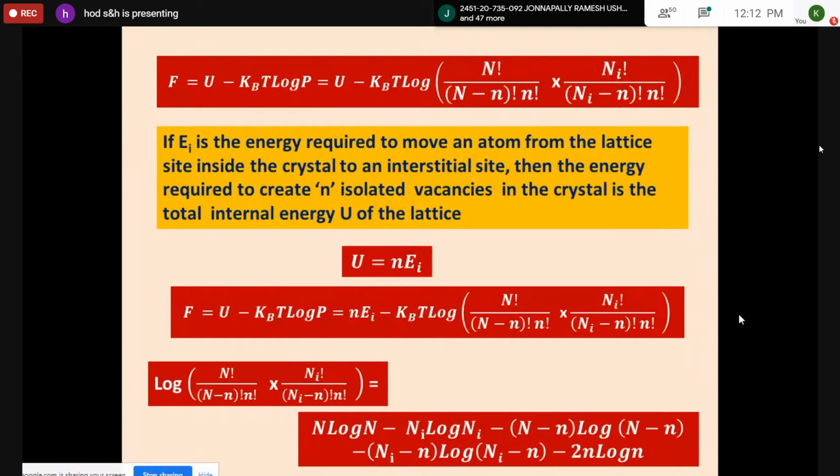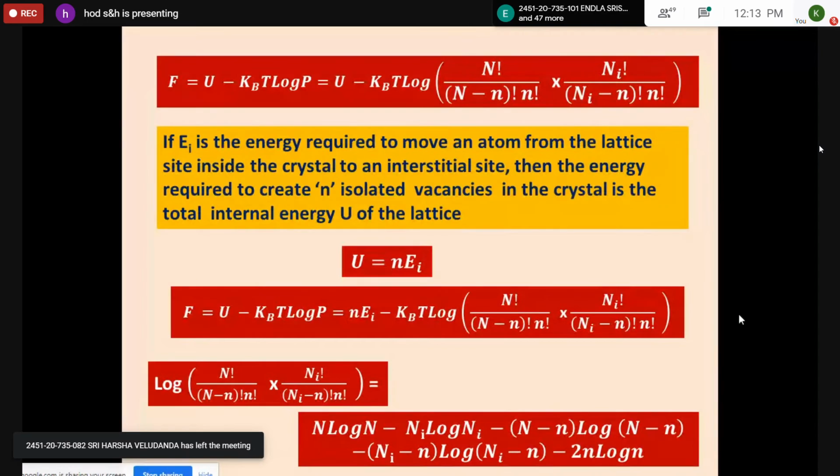Now you should use Stirling's approximation: N log N minus N, then minus of (N minus n) log (N minus n) minus (N minus n), and so on. All positive and negative terms will cancel, and finally you will get the last expression, N log N minus Ni log Ni. You try this one.